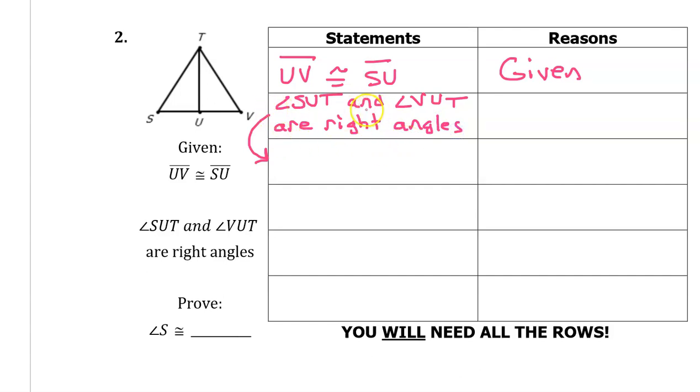All right, that is not a congruent statement. When they give you something that is not a congruent statement, the very next line you write needs to be a congruent statement. Well, first let's go ahead and say given.